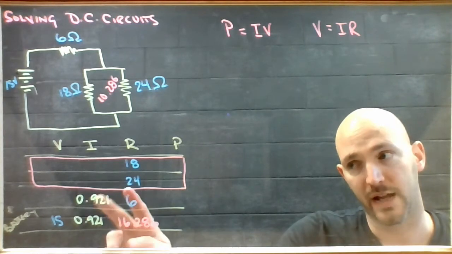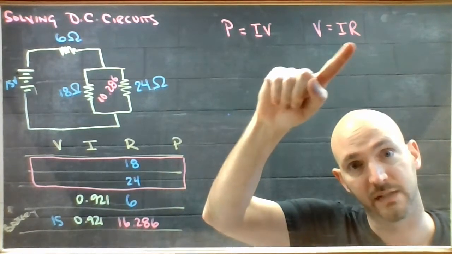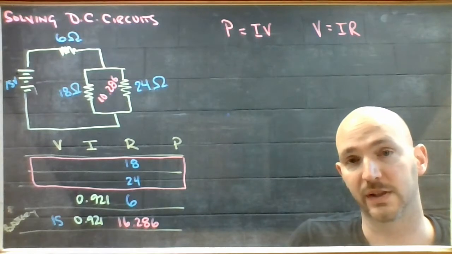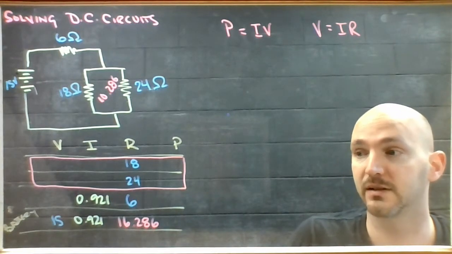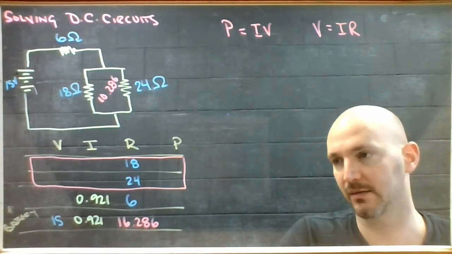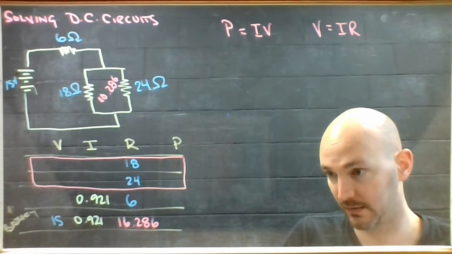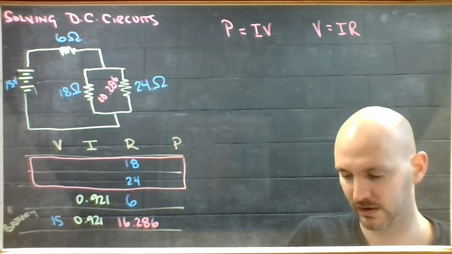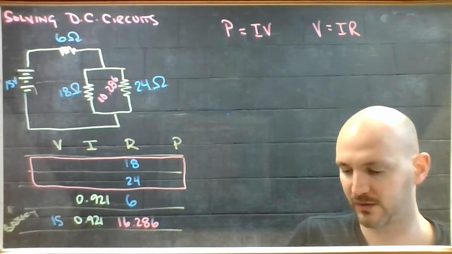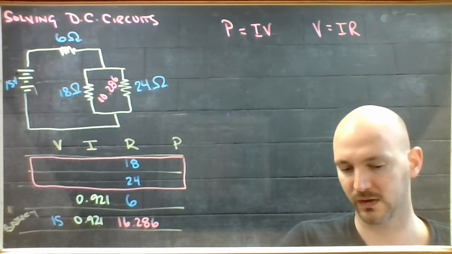Now, if I have a current and a resistance, Ohm's law lets me calculate the voltage. So I'm going to do that. Current times resistance, 0.921 times 6 is 5.526 volts.